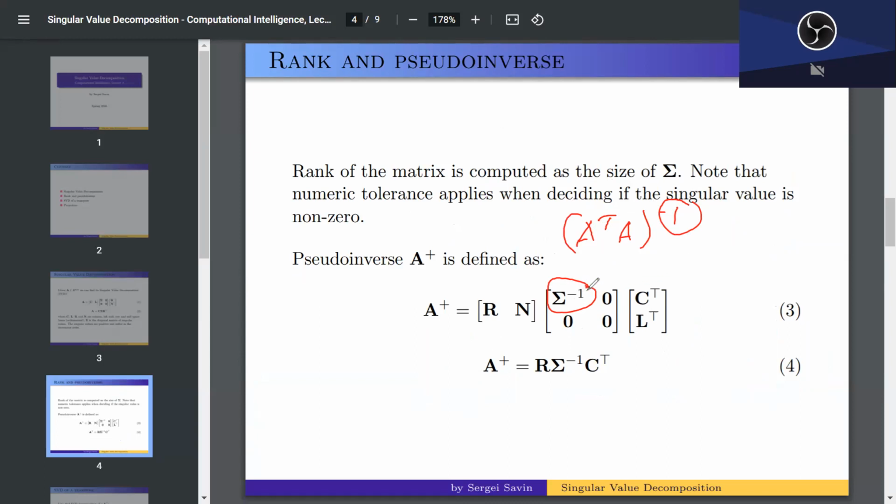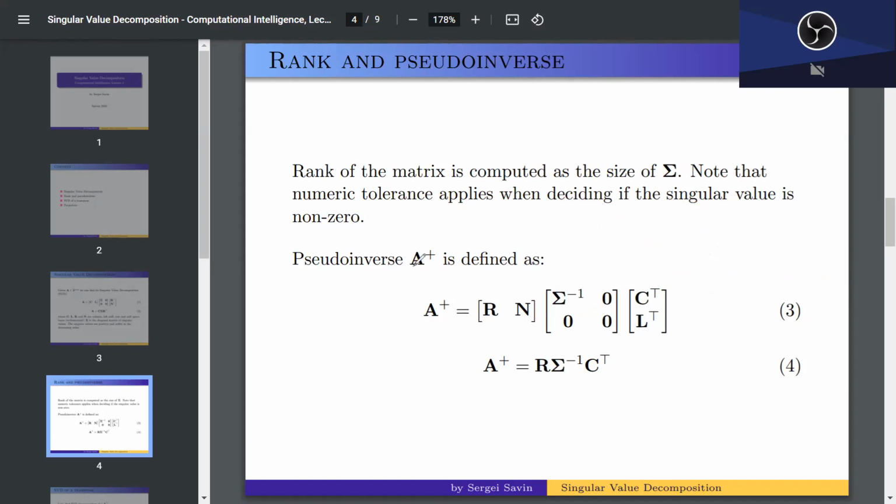Like in MATLAB, I think this is written as something like diag of 1 point divide sigma, where this is an element-wise operation, this is diagonalization of a resulting vector, and this is a vector. So you can see it is very simple.